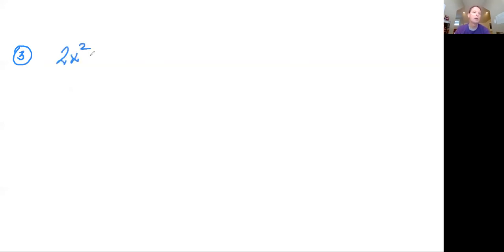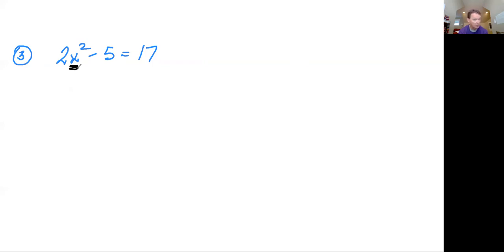2x squared minus 5 equals 17. I see a whole lot of problems here. The main problem is that I don't have x squared by itself. So I've got to do a whole bunch of things now to get x squared by itself before I can even contemplate taking a square root. So a little review question here.